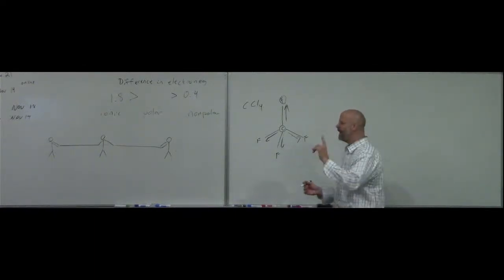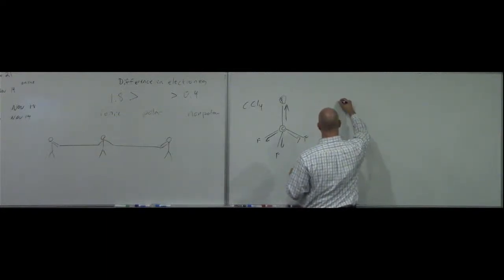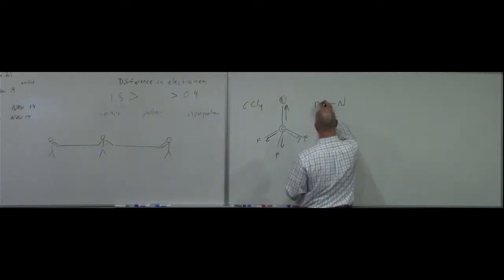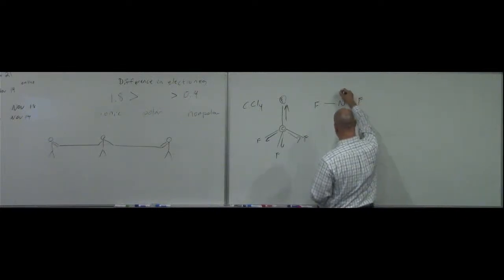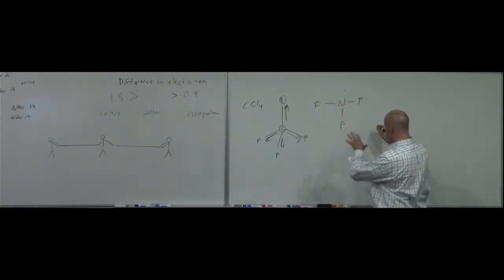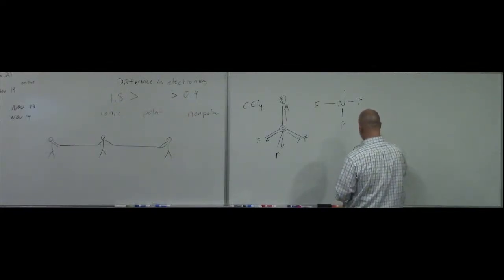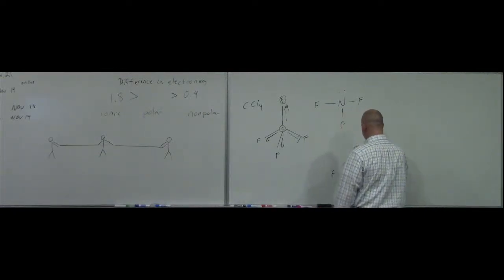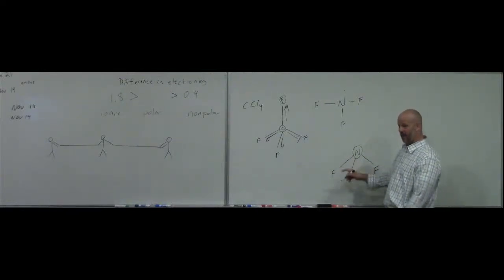Okay? But then I could do something like, let me do nitrogen trifluoride, okay? In this case, if I were to draw it, it would look like this, right? It's got 2 unbonded electrons up here. If I were to draw this 3D, I've got nitrogen, and it's got some different bonds forming. We're doing it with fluorine, right? Well, this is not pulling all directions.